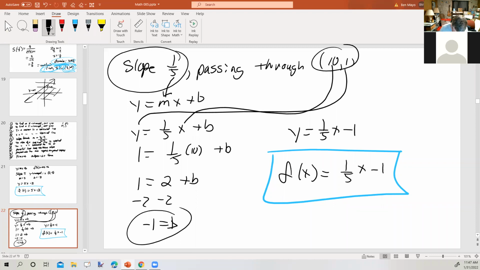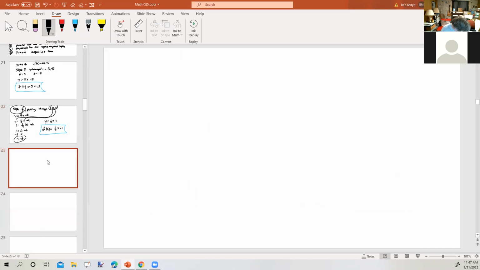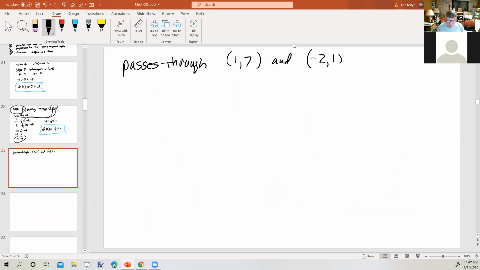All righty. Here we are given 2 points. We want the equation of the line that passes through 1, 7 and -2, 1. Well, we need the slope and the y-intercept, and we have neither one.